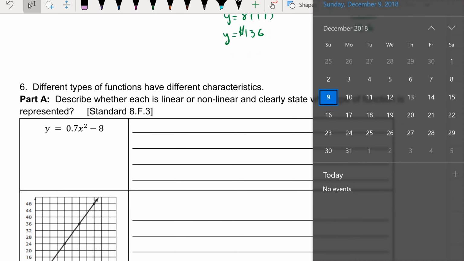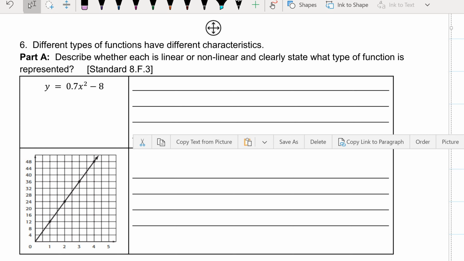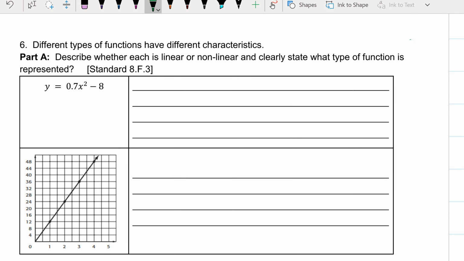Alright, number 6. Describe the types of functions that have different characteristics. Part A: describe whether each is linear or nonlinear, and clearly state what type of function is represented.